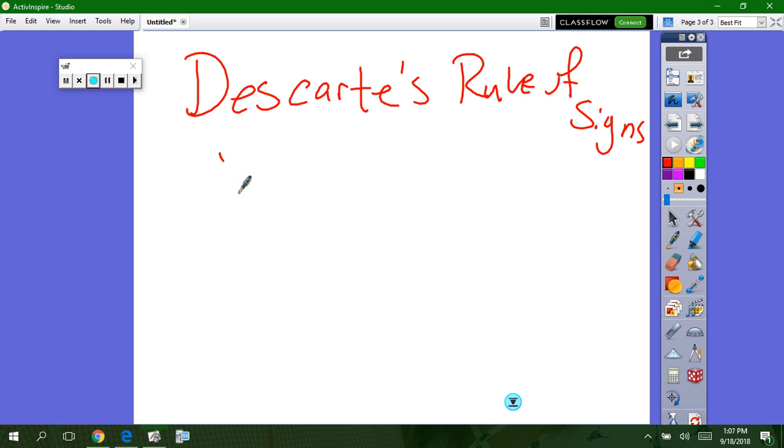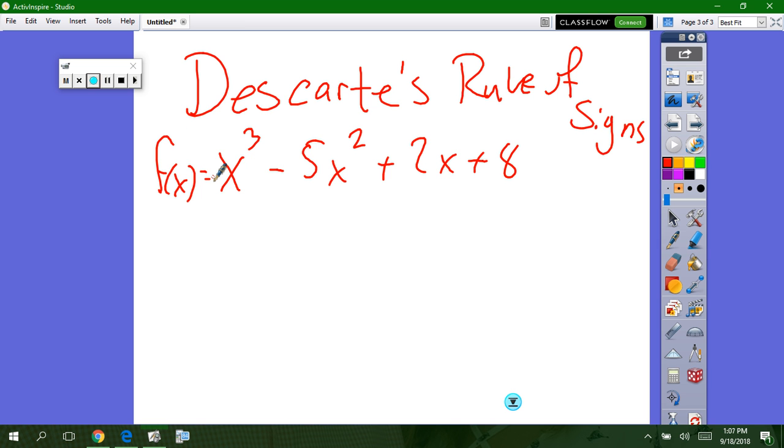Here we go. What was it again? X cubed minus 5x squared plus 2x plus 8. I'm going to show you how this works. So we have our normal equation that they give us, and what we're looking for is how many sign changes there are.